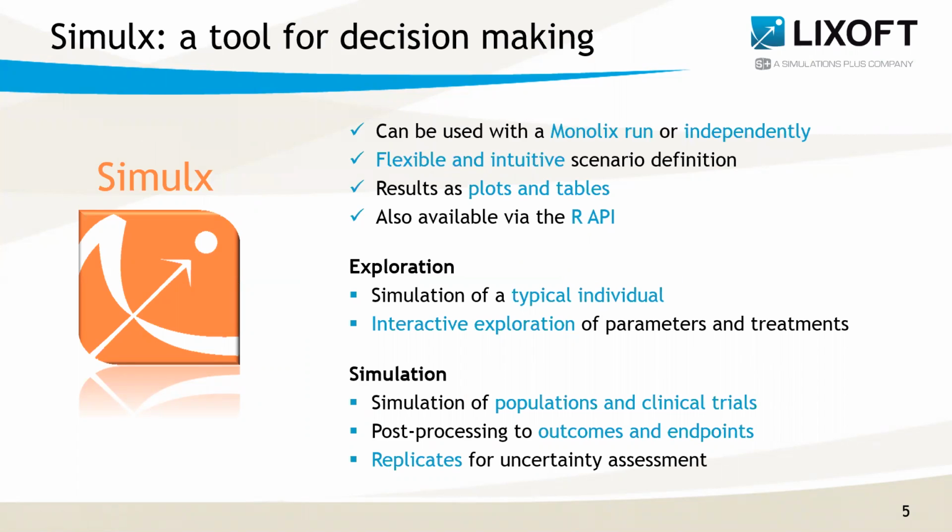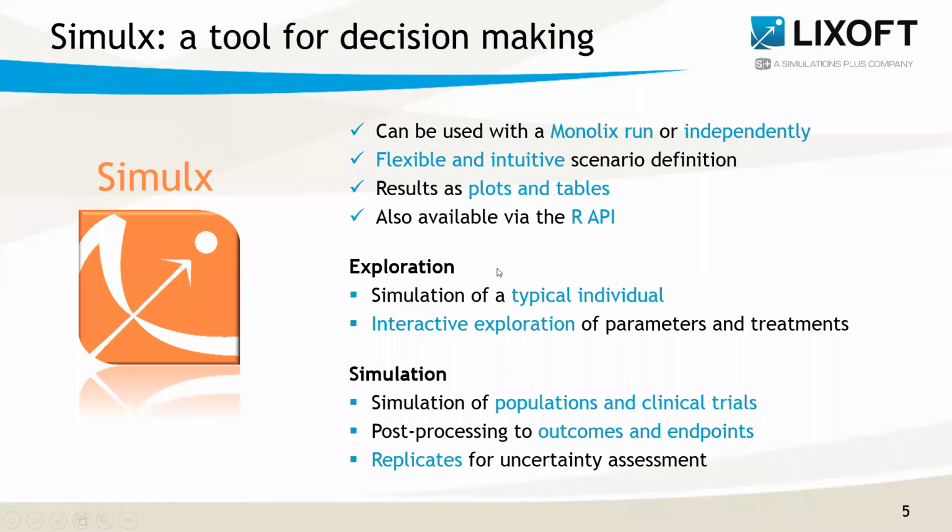Simulx is our simulation tool, which can be used for decision making. You can start a Simulx project by importing a Monolix run as a basis for your simulations, or by defining everything from scratch. And this is what we will see today. The definition of the scenario is very flexible and intuitive, and you can get all your results in the graphical user interface as plots and tables. If you prefer to script, you can also use the R API.